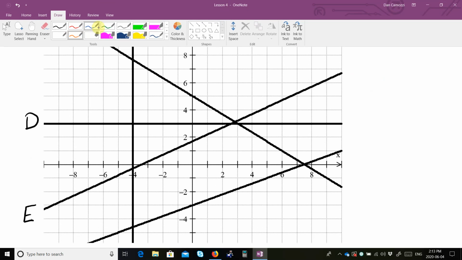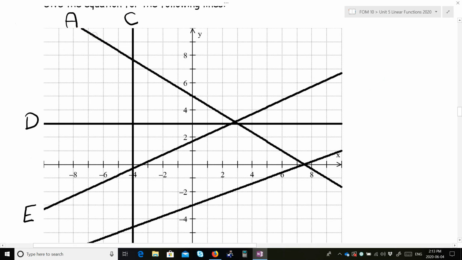Maybe I could just do letter A for you. Y equals mx plus b. The b is right there at positive 5. 1, 2, 3, 4, 5. And then we have to find the slope. So it looks to me like, if we were to go to this point, here's what you have.